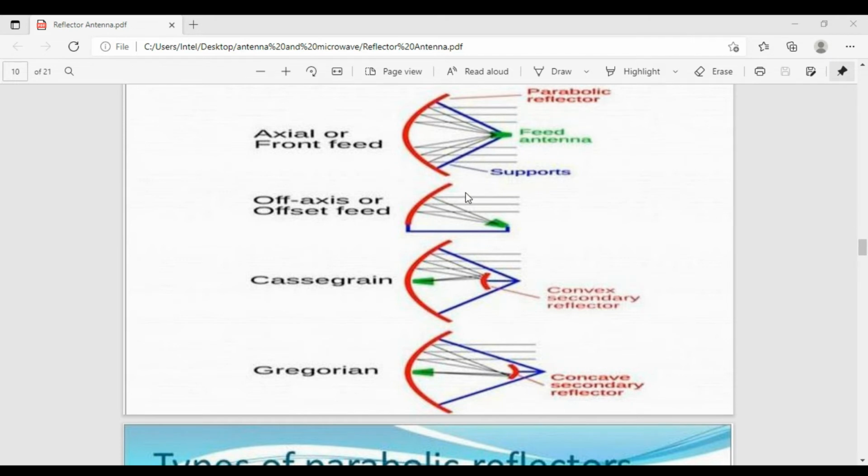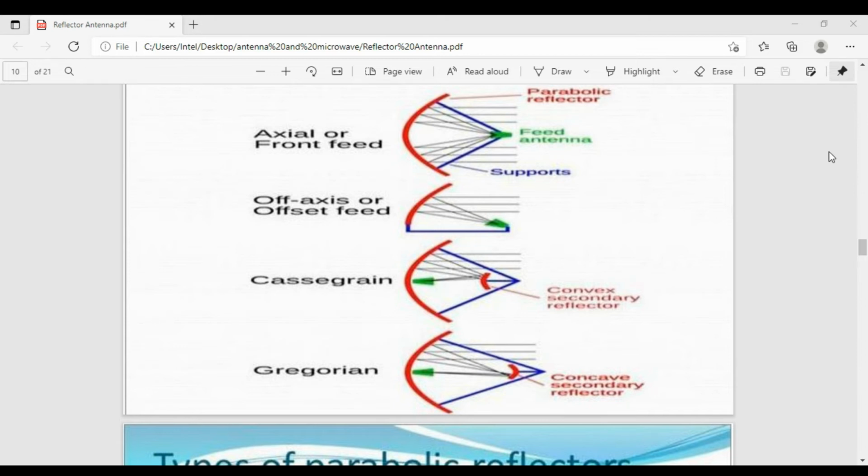Some of the signals coming from the feed system are merged with the signal coming from the reflected waves. That is an issue, spillover. The second drawback is back lobe radiation, which is merged together and not received or transmitted by the reflector antenna.